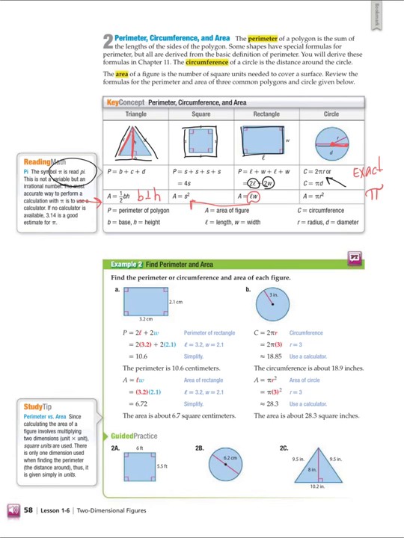So if I have a circle with a radius of 6, and I want to know the exact area, then that would be 6 squared times pi, or 36 pi, and that's how I leave it if I want an exact. Okay?